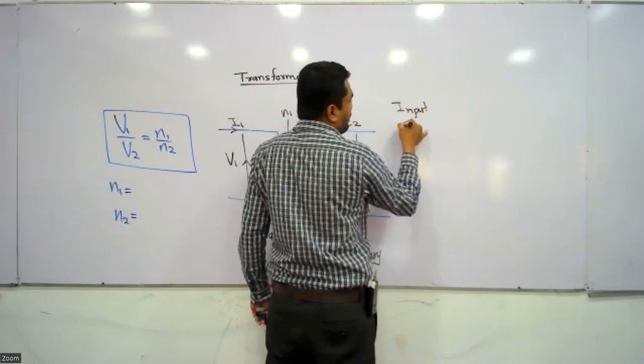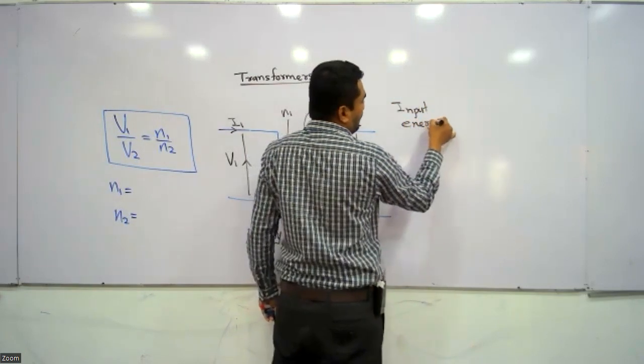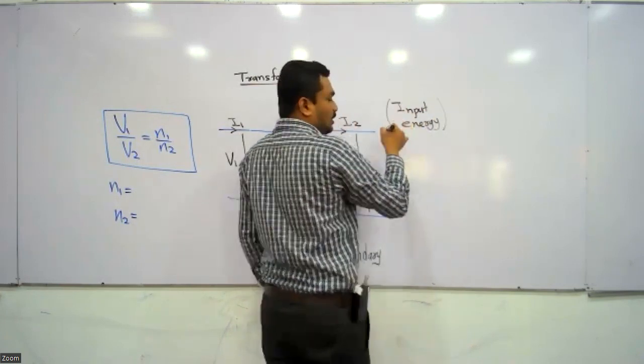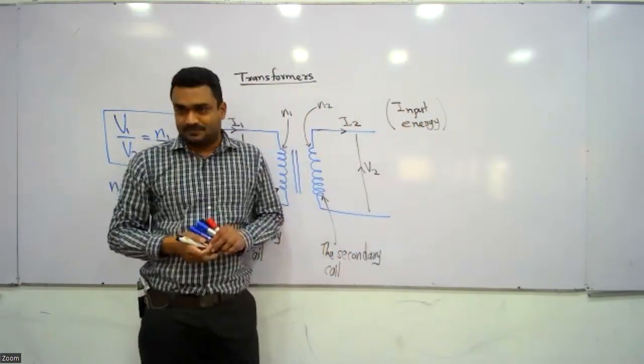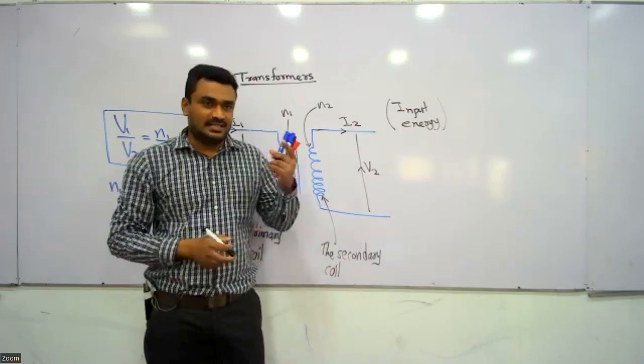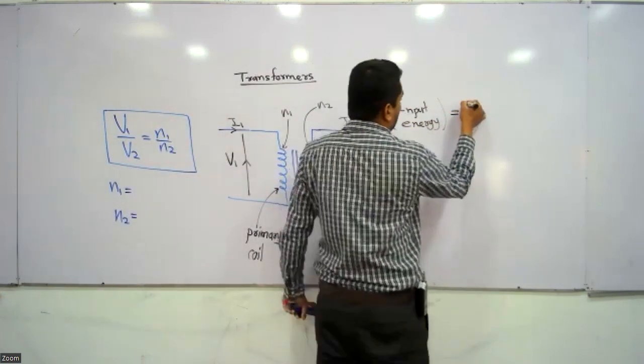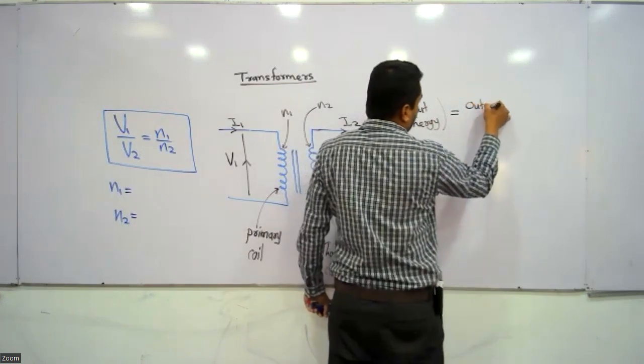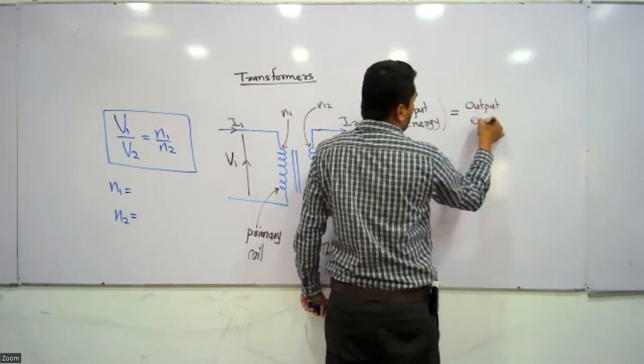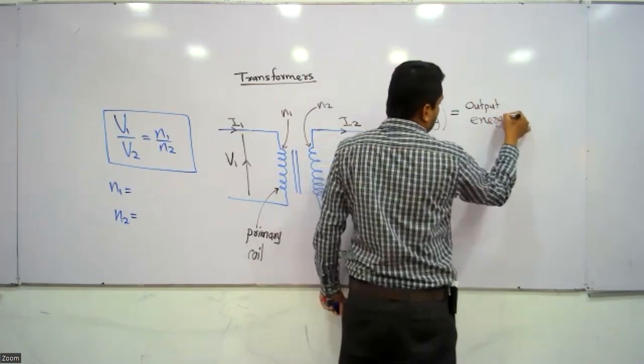Why can we write even input power here? Power is also energy, the only difference is energy per unit time. So energy per unit time means energy generated per 1 second. So input energy or input power should be equal to the output power or output energy.